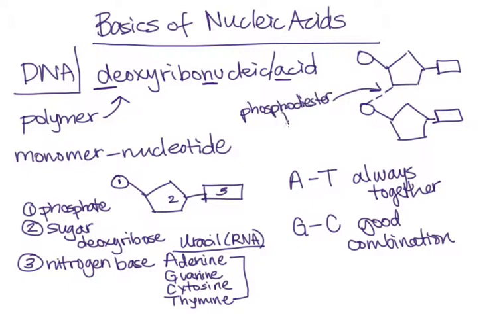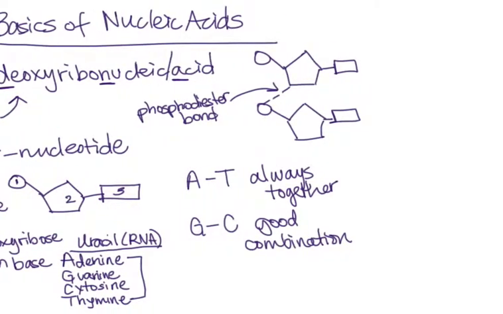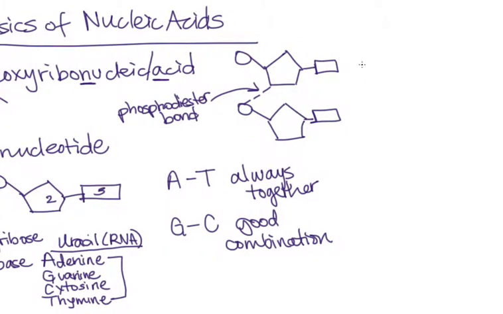I'm sure you can think of the name of the process that causes that bond to occur. It's the same process that we find in every other large molecule polymerization. It's called dehydration synthesis. You've heard of it before. So as we're building a polymer, we're putting phosphodiester bonds between the individual nucleotides.